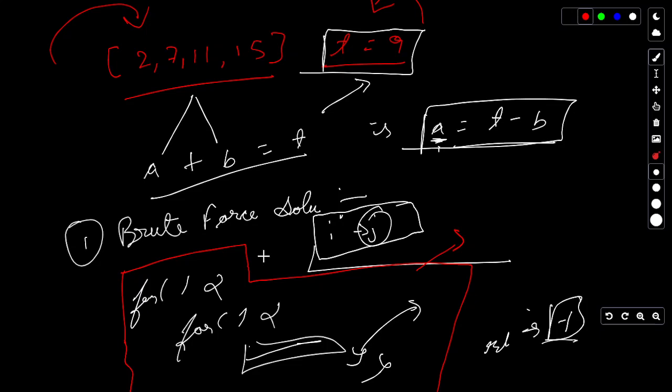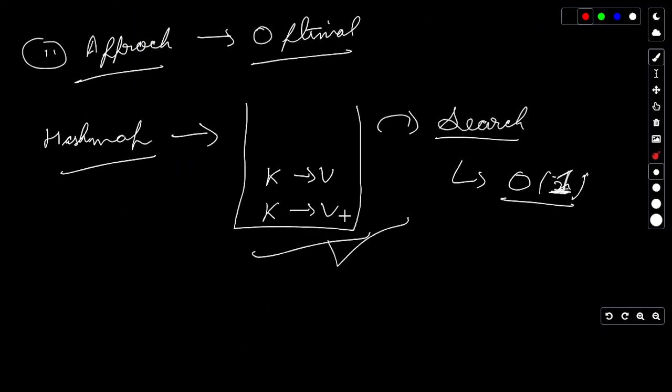So now if we trim down this big O of n squared solution, which is entirely based on searching, if we search for an element a such that t minus b exists, then we don't actually need to waste our time searching for all these elements like this. We can actually trim down our time complexity of the solution to big O of n.